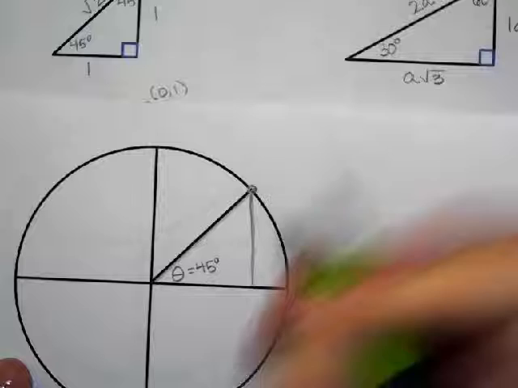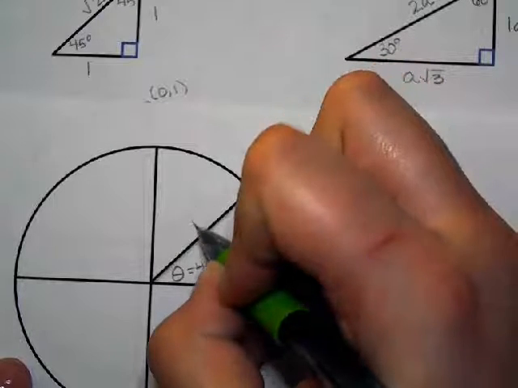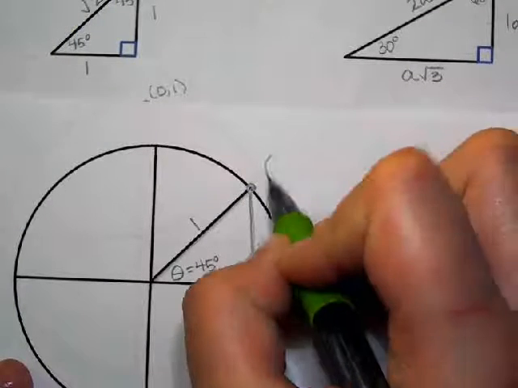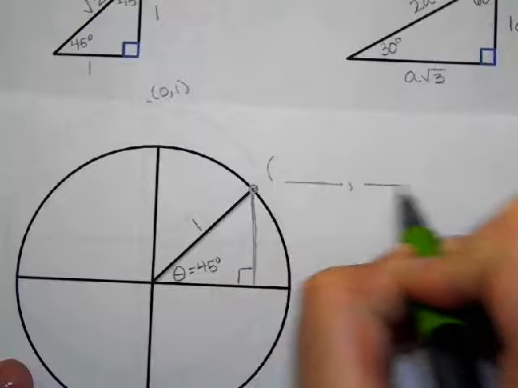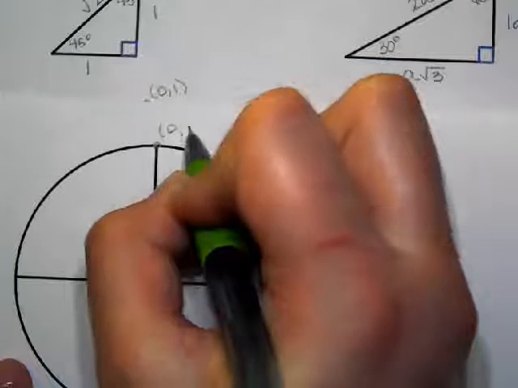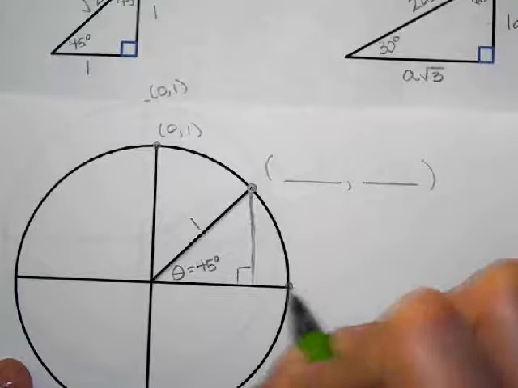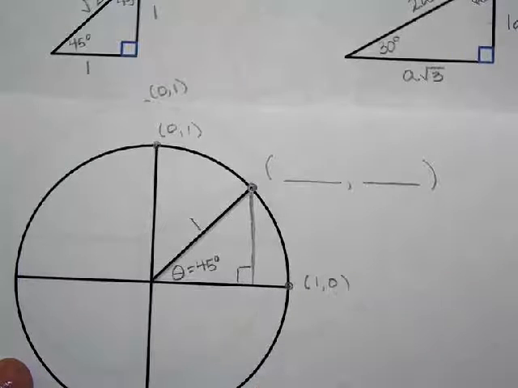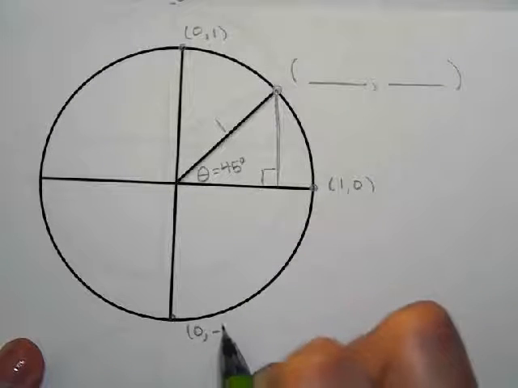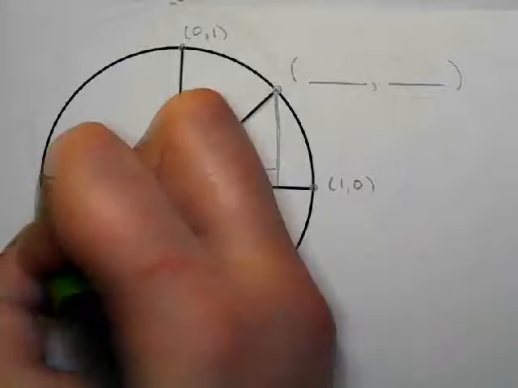Okay, we're going to put the 1 for the hypotenuse because this is a unit circle. So we're going to have an x-coordinate, a y-coordinate. We got 0, 1. We got 1, 0. We've got 0, -1. -1, 0. Okay.